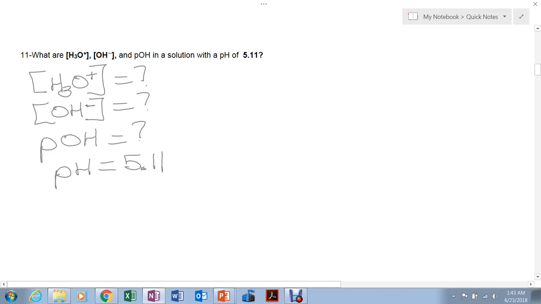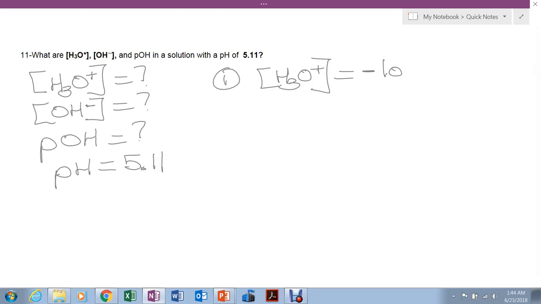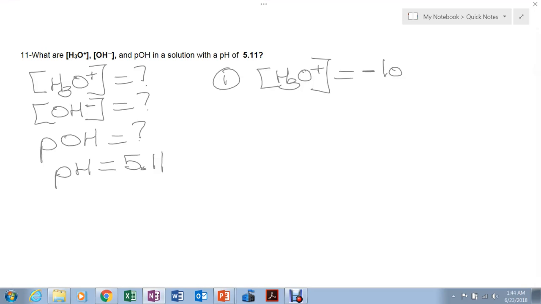So same thing. First step, find the concentration of H3O plus, because they're giving the pH. So we can find the concentration of hydronium by the opposite. Sorry, guys.